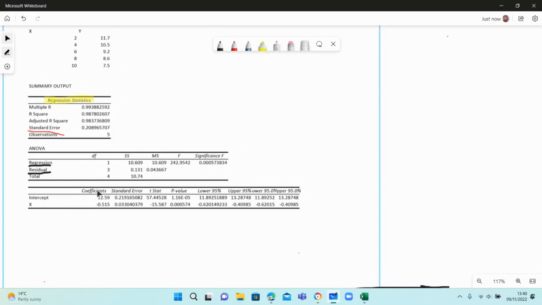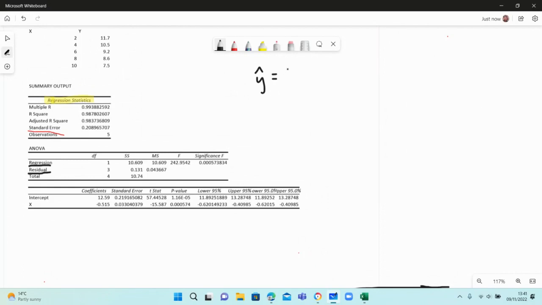Now, the first column for this part gives us the column called coefficients. And from here, we can actually form our regression model. So our regression model should be y hat, meaning it is an approximation of the actual line that best fits our scatter plot.